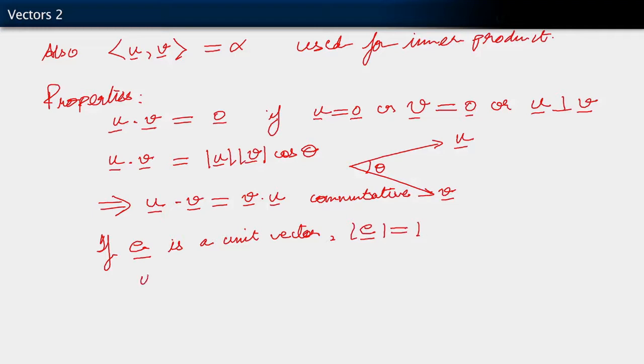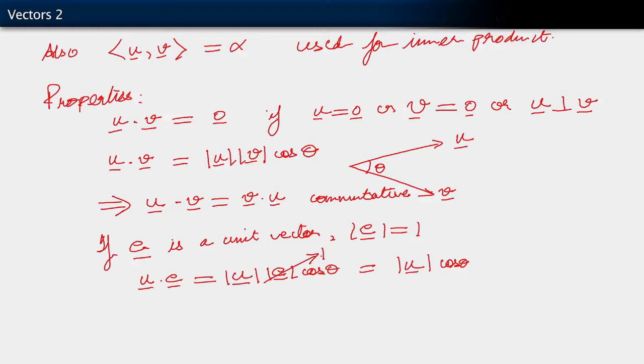Then u dot E, which is equal to the magnitude of u times the magnitude of E times cosine theta, is equal to the magnitude of u times cosine theta, because we know that E has a magnitude of 1.